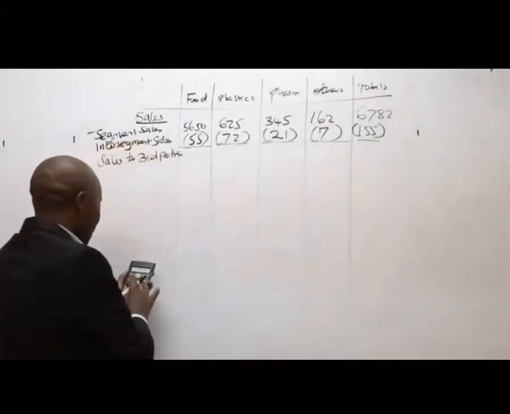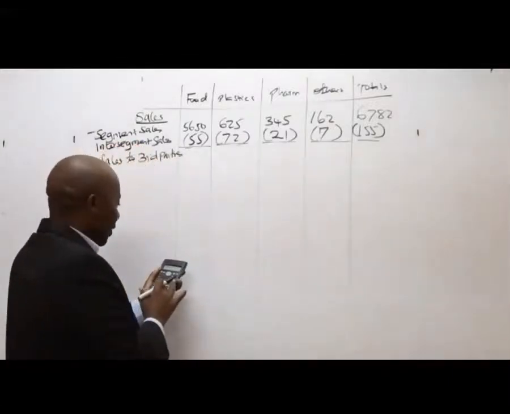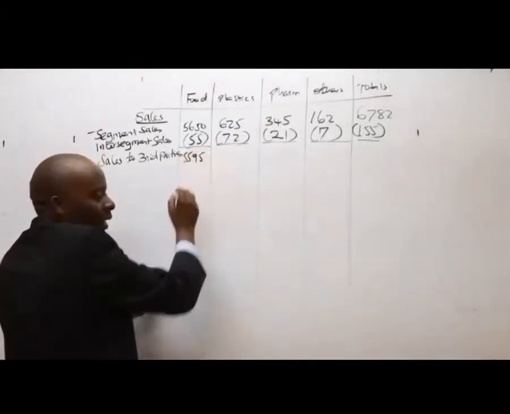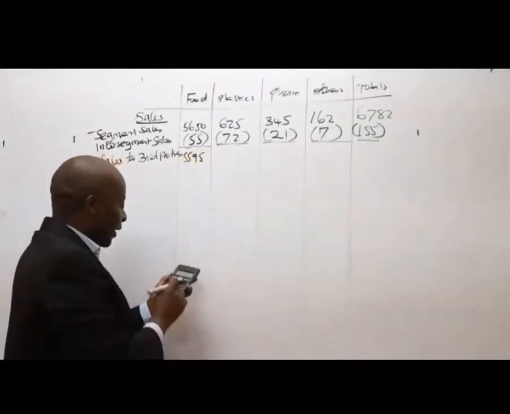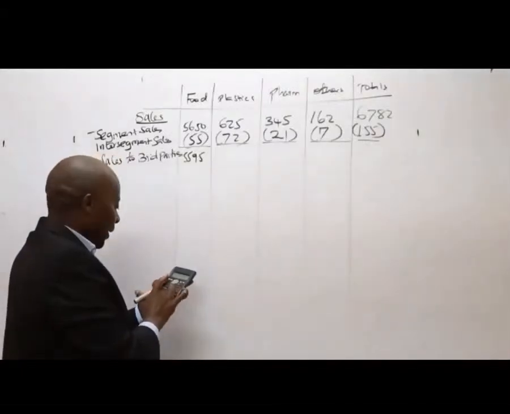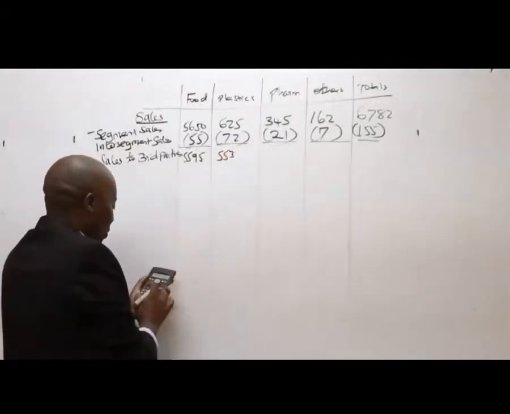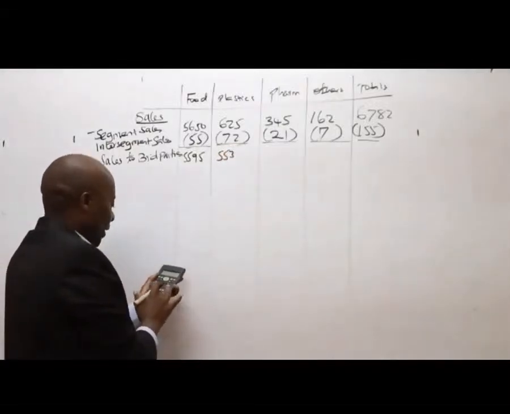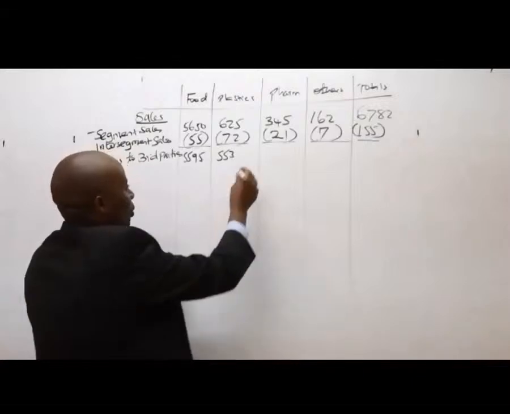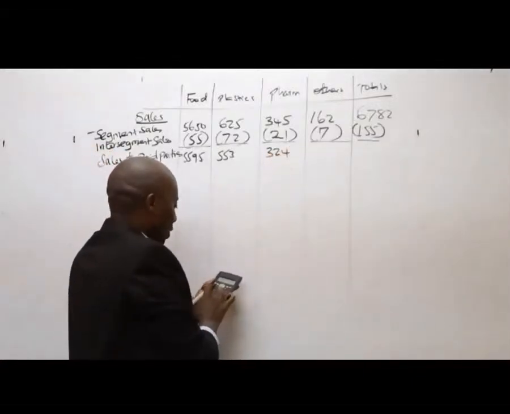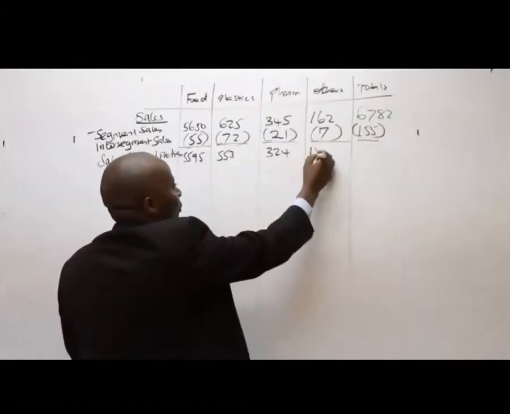So we have here 56.50 minus 55, giving me 55.95, and then we have 625 minus 72, giving me 553, 345 minus 21, giving me 324, and then we have 162 minus 7, giving me 155.